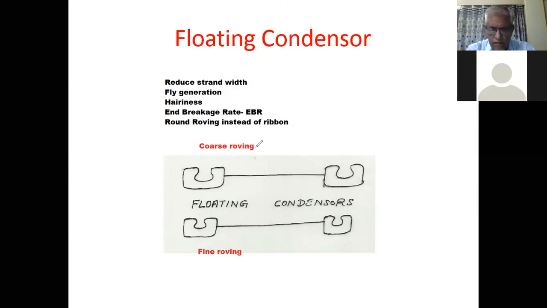For easy identification for fine count and coarse count, we may give different colors to the condensers also. Suppose one may be red, another may be yellow. So for the workers, it will be easy to distinguish for fine and coarse roving. If you use proper condensers, proper color and proper shape of the condenser as per the hank of the material, fly generation in the department is also less.